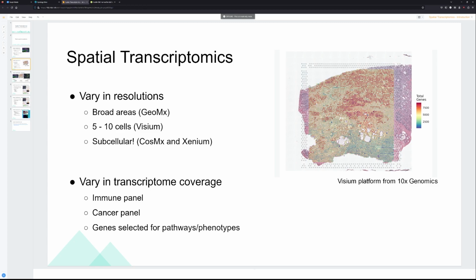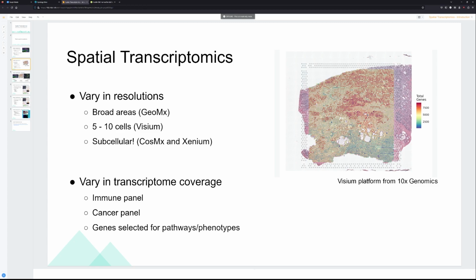So we get read counts at each one of these locations and the X and Y location at each of those. And what that does is allow us to compare the gene expression at the different locations. So we can see down here, there's low gene expression for whatever this gene happens to be. But as we go up, our gene expression is increasing. So we can do some spatial statistics with these that we'll get to in the future.